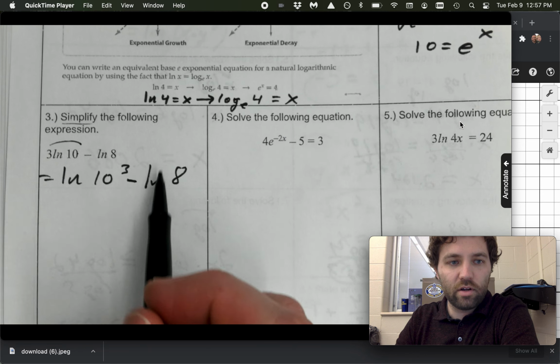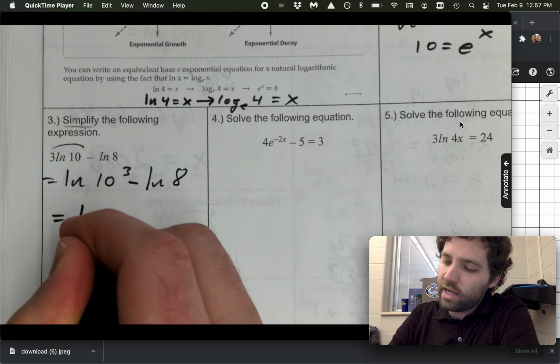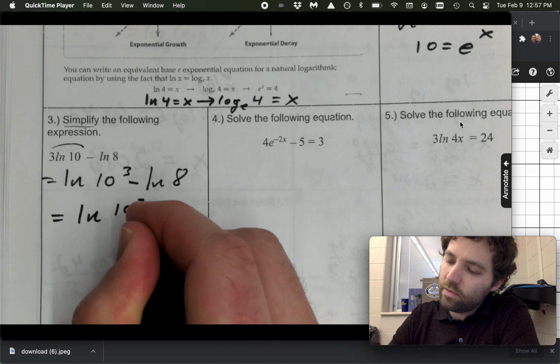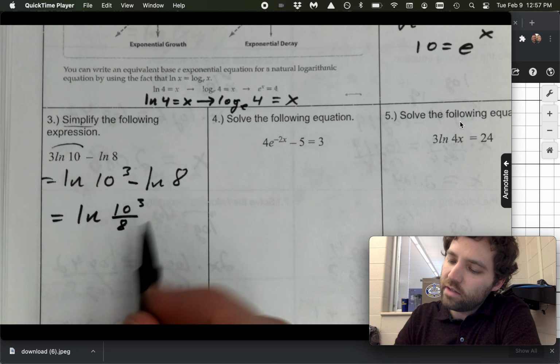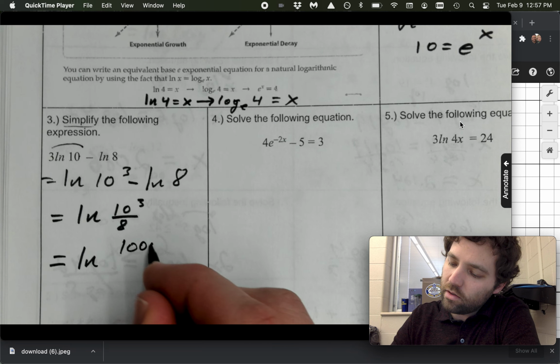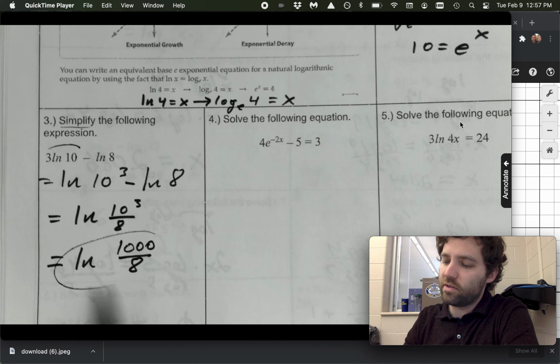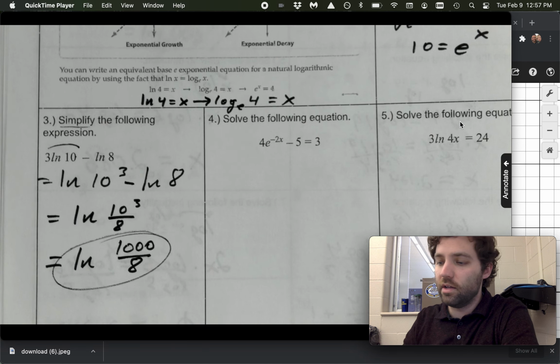Now I'm subtracting logarithms, and that can be condensed using division. So this would be natural log of 10 cubed over 8. 10 cubed is 1,000, so this ends up being natural log of 1,000 over 8. You can simplify that if you want. I'm not worried about it. So there's your simplified version of that expression.